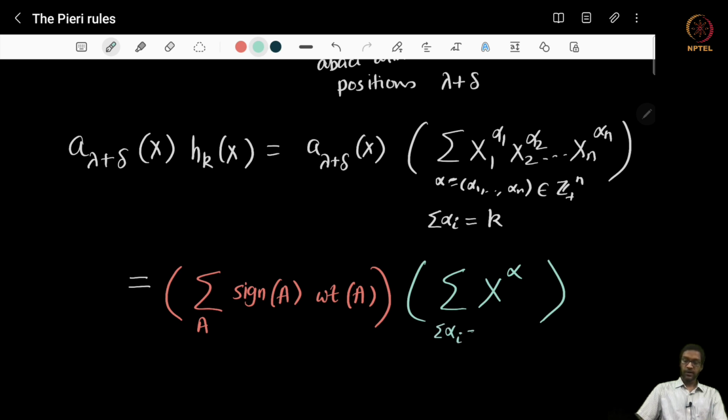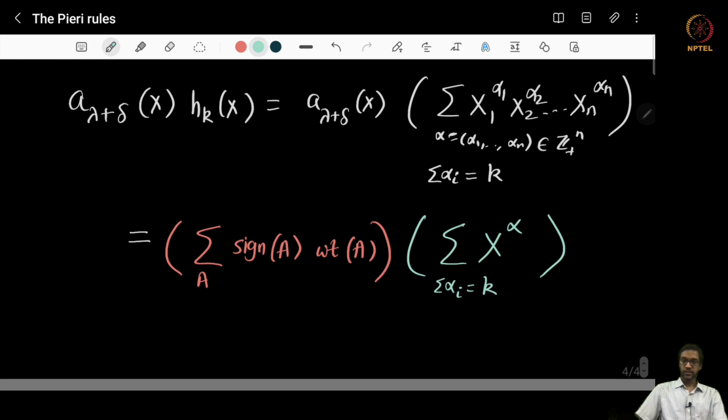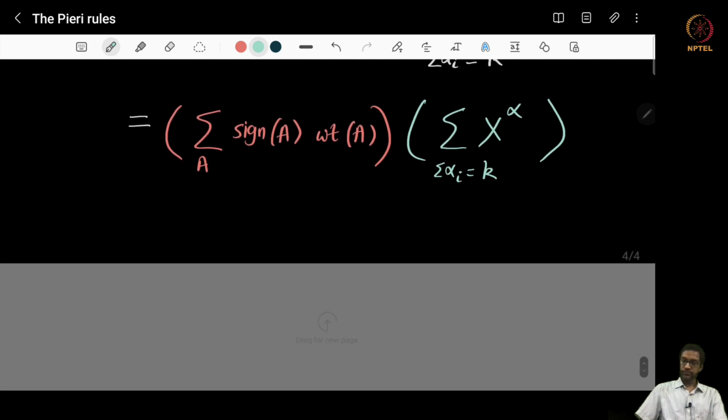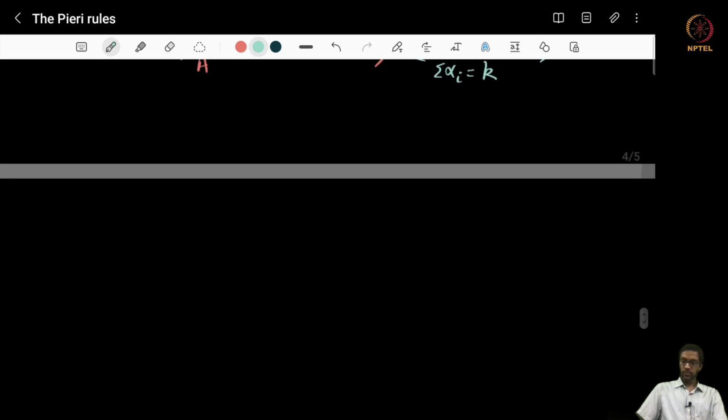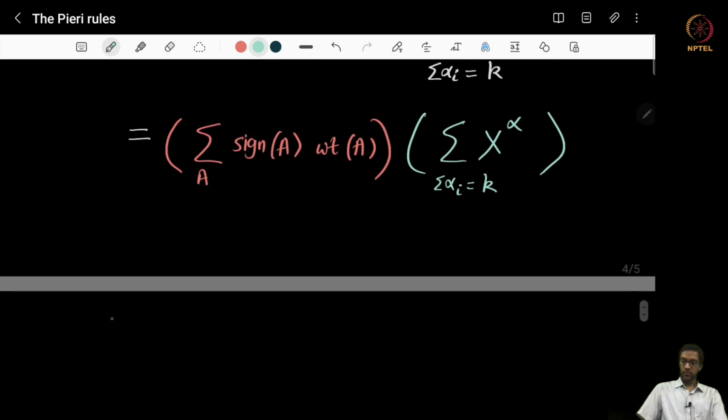What will the terms in this product look like? It's a double sum, over all A and over all alpha, of sign of A, weight of A times x power alpha. Now, what is this weight of A times x power alpha?